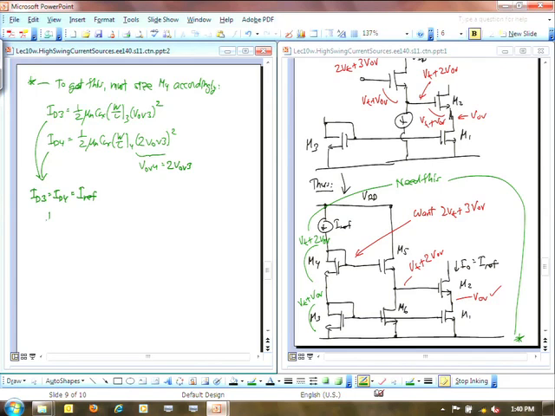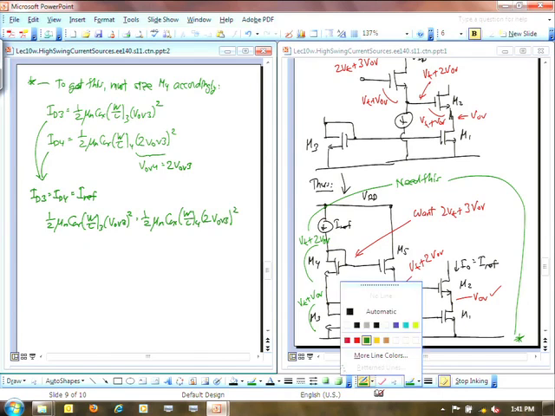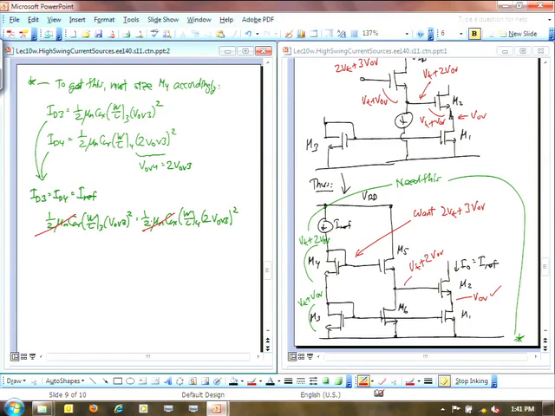I could say ID3, 1/2 mu n Cox W over L3 times an overdrive of 3 squared is equal to 1/2 mu n Cox W over L4 times 2 times an overdrive of 3 squared. And you can see right away, obviously a lot of things cancel out. All of these things cancel out here, and I'm left with these two. Even these overdrives cancel out, and that becomes a 4 because of the square factor right here.